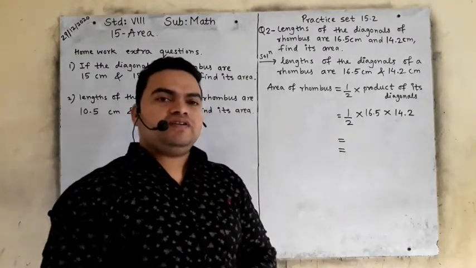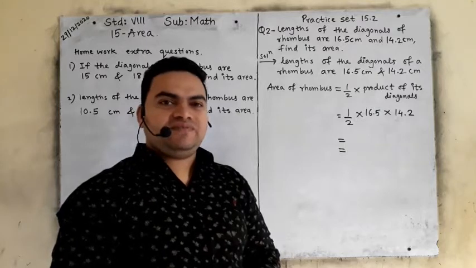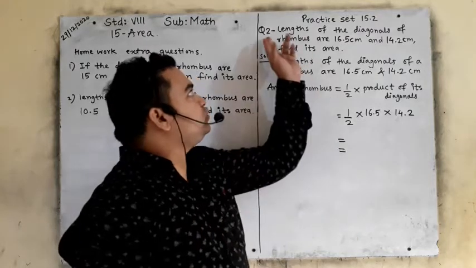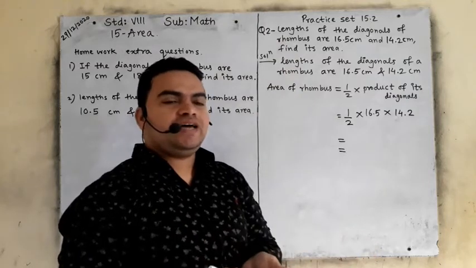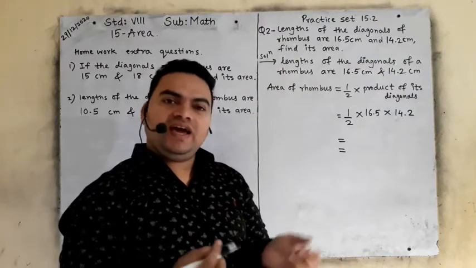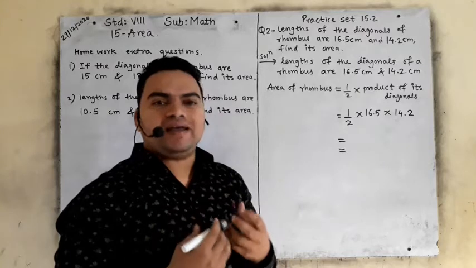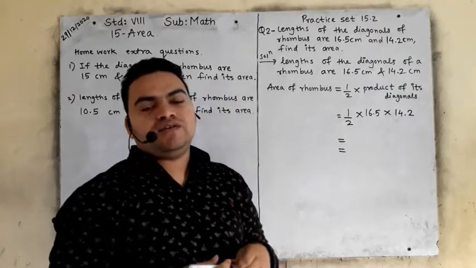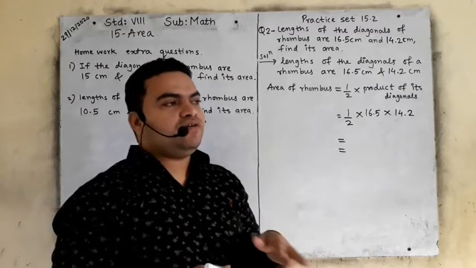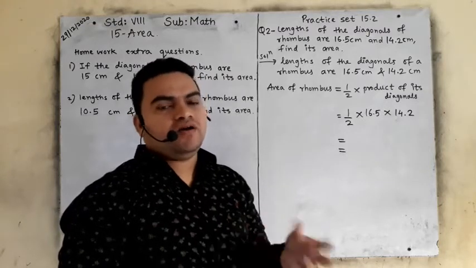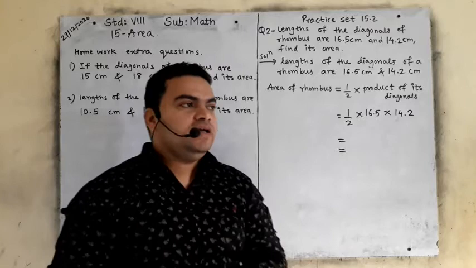So dear students, after solving question number 1 of practice set 15.2, we will see question number 2. It is also the same. The lengths of the two diagonals will be given to you. We have to utilize: area of rhombus is equal to half multiplied by the product of the lengths of the two diagonals.